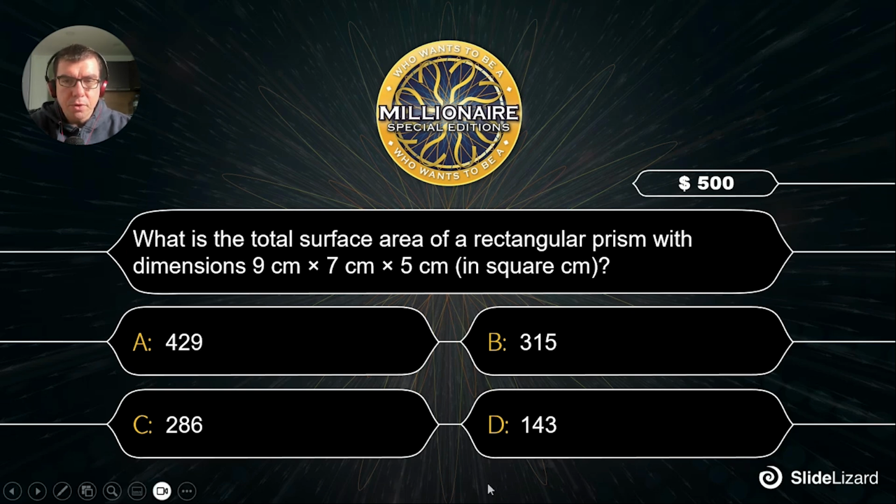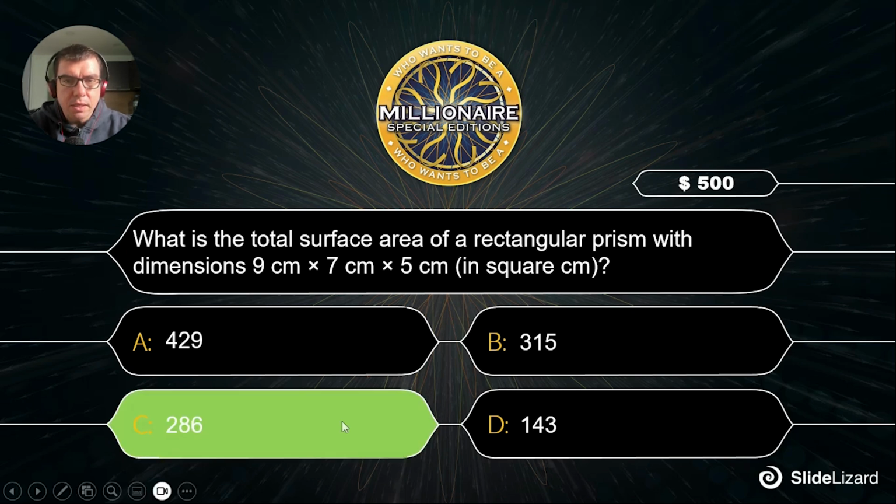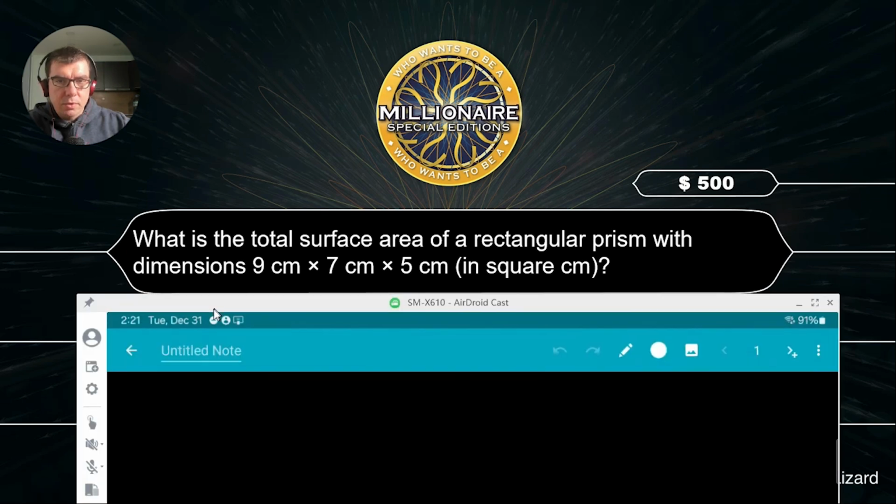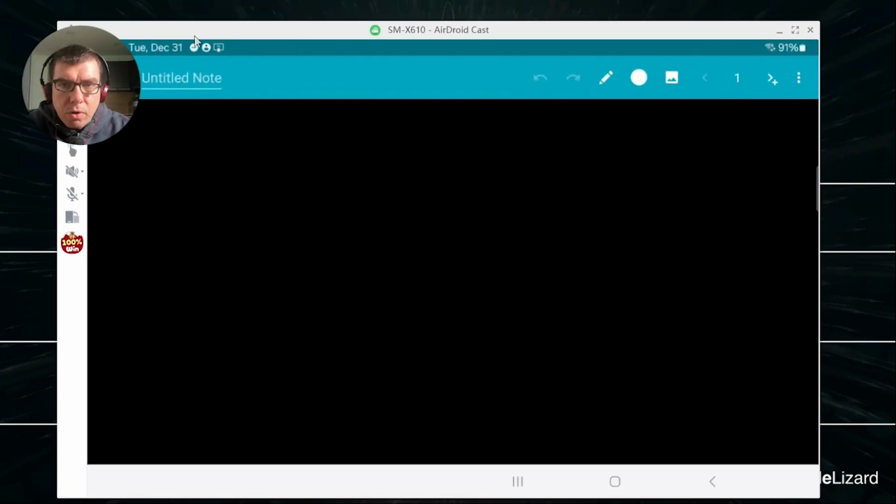Okay, did you find C? C is correct. Let's calculate. So how do you draw a rectangular prism? Let's draw it together. Okay, let's make a rectangle like this, and then we'll do like a parallelogram on top of it, like this, and then use vertical straight lines straight down, let's say up to here somewhere.